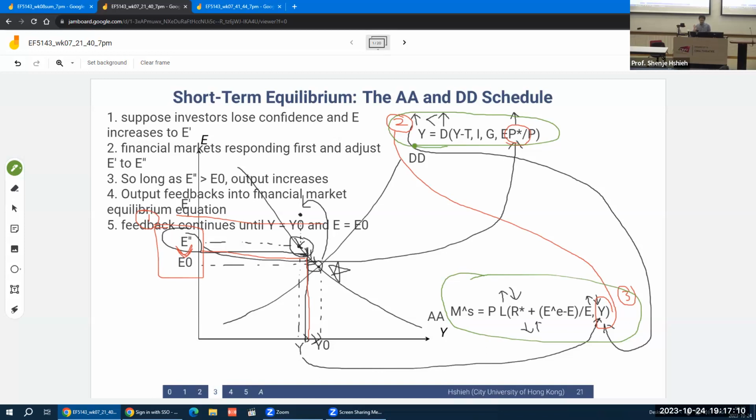All right, so what's the mechanism that allows us to clear both of these markets, the financial markets and the real economy? In this slide 21, I briefly walked you through last week the mechanism we economists typically think through.